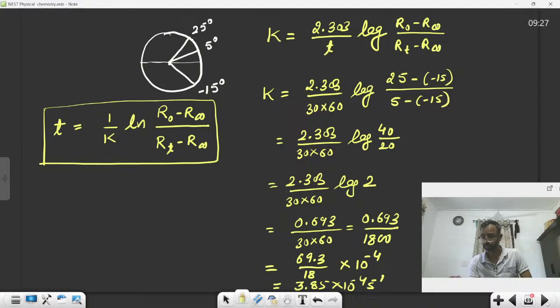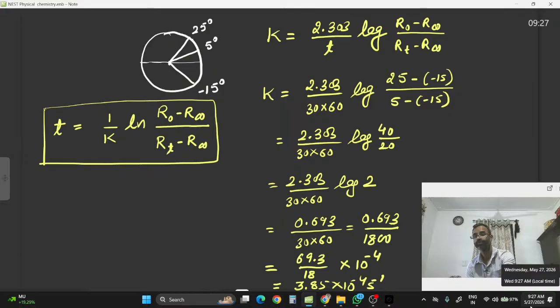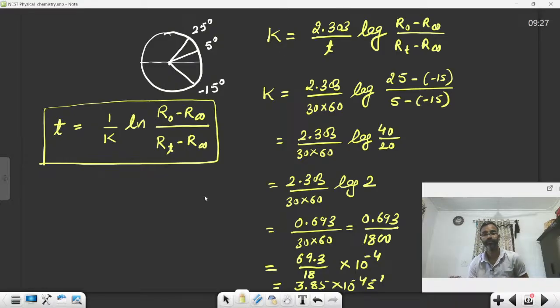And what is half-life? Tell me. What is half-life? See, this is again 0.693 upon 1800.